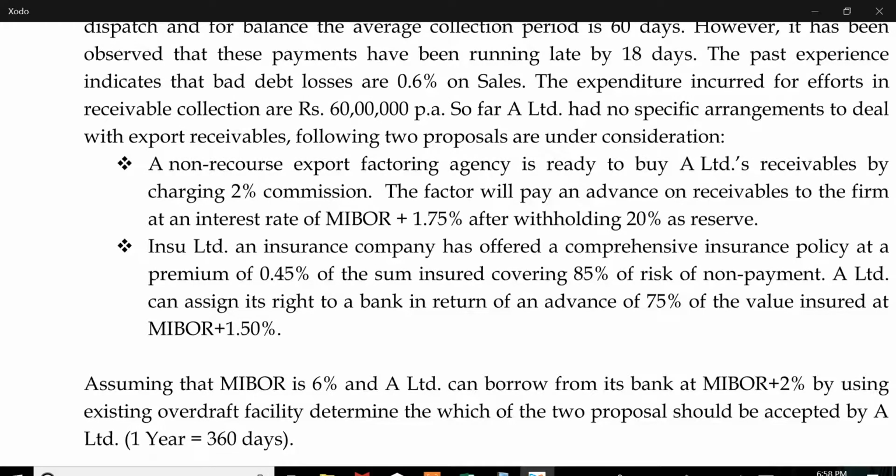Now he is giving me a loan at MIBOR plus 1.75%. So indirectly, on whatever money this factor gives, I save 0.25%. There's no reduction in receivables. He's not helping us in reducing receivables. Receivables will continue to be whatever amount we had.